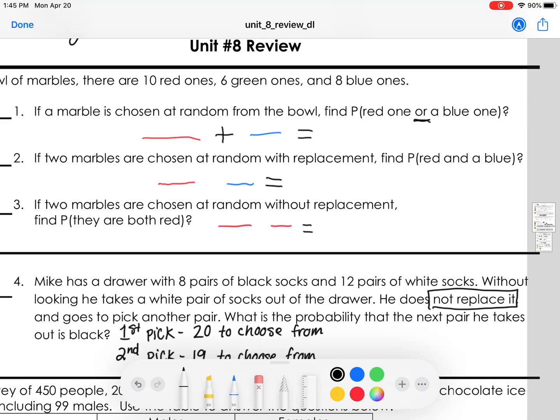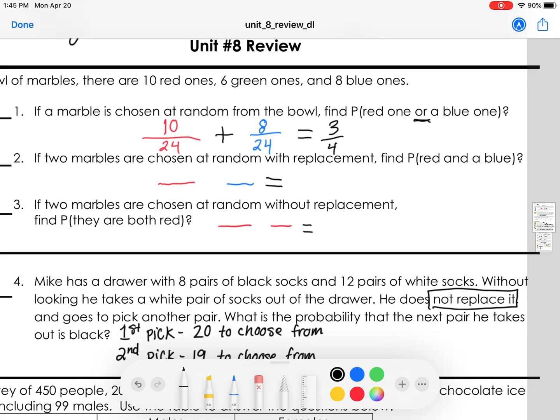I have 10 out of 24 red marbles, plus 8 out of 24 blue marbles, and so together the probability of drawing either red or blue one time that I draw is 3 out of 4, or 3/4. When it says or, I use addition.